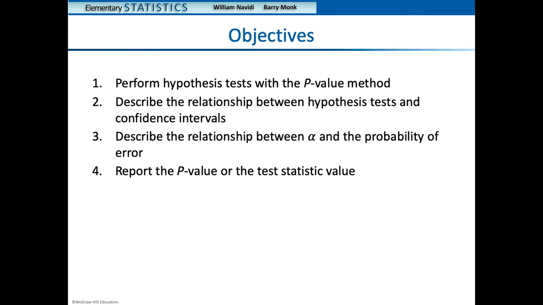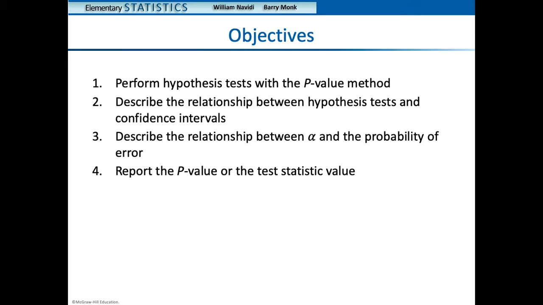So we're going to focus on a specific method referred to as the p-value method. There's another method referred to as the critical value method that's sometimes used, less often though than the p-value method. So we focus on the p-value method in this class because that's the standard method that's typically used.